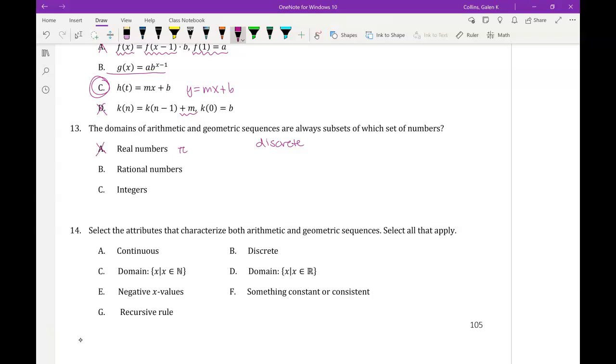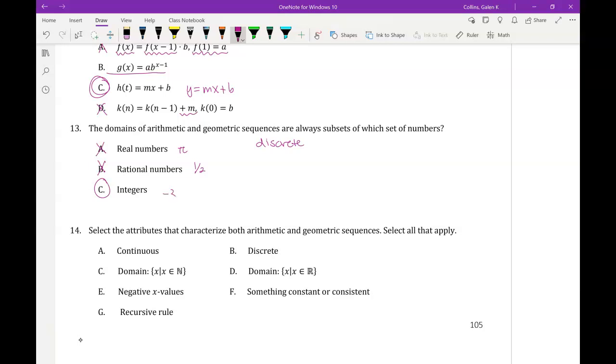Rational numbers would include numbers like 1/2, or really any number that could be represented with a fraction. So rational numbers also would not work. That is too large of a set, because I can't have a half term in a sequence. I could think about a half term, but sequences increase by whole numbers. So really, we're looking at the subset of integers here. And we said integers are defined as like whole numbers and their opposites.